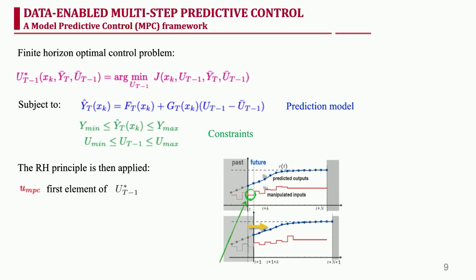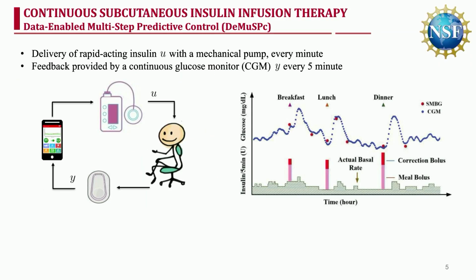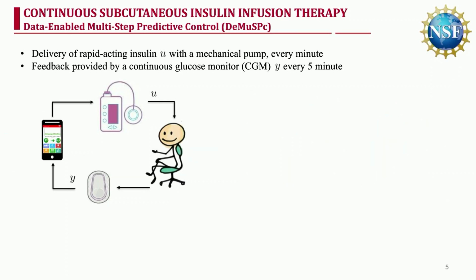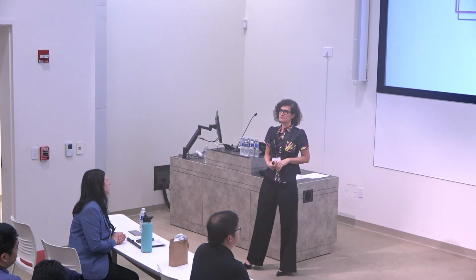So this is one way of doing it, and the other way of doing it is in the loop. I showed you how I can have a different sensing mechanism. In fact, here is a wearable. I can have it in the decision algorithm, but I can also have it describing the disturbance. And we have done some work on this, just that we are not there yet to incorporate it in a closed loop. But yes.